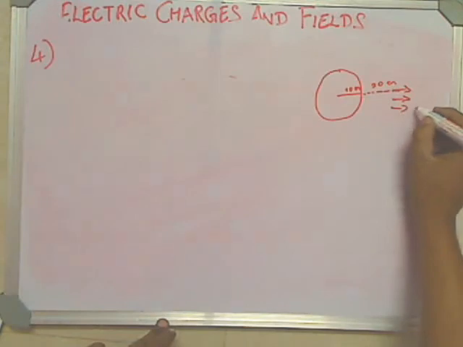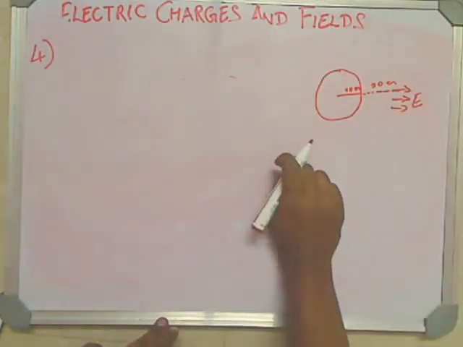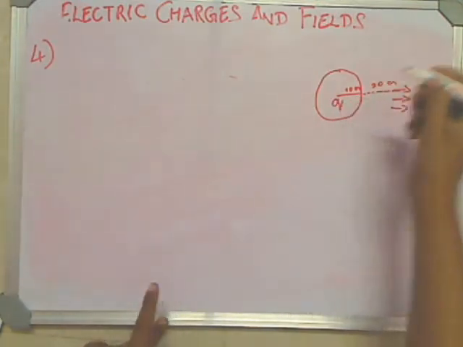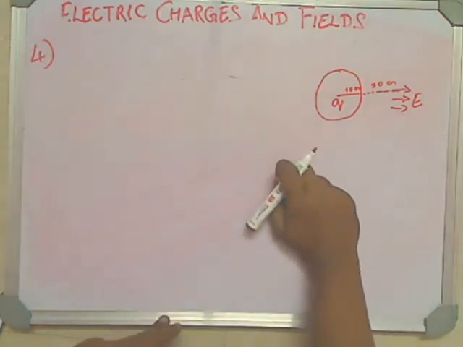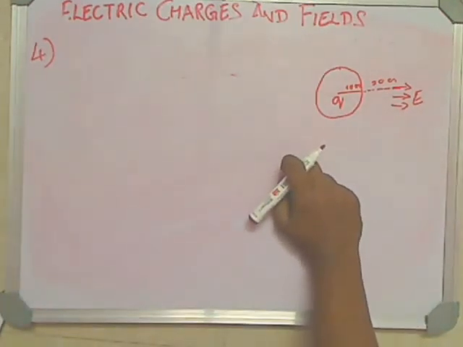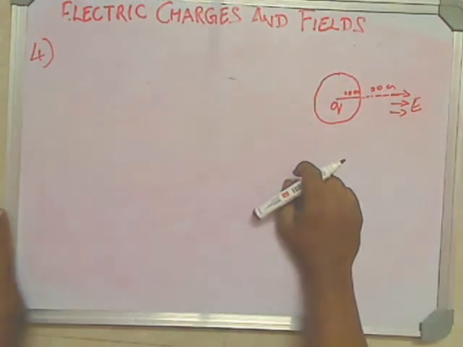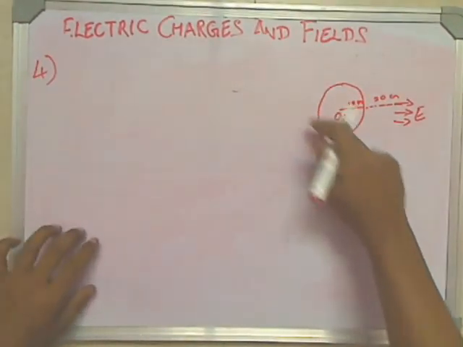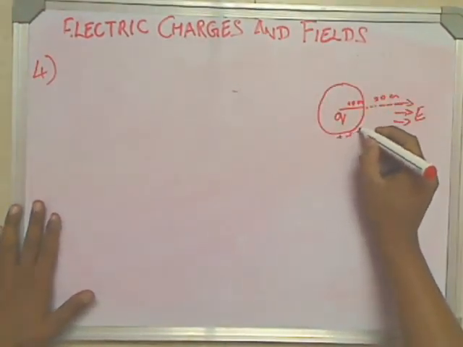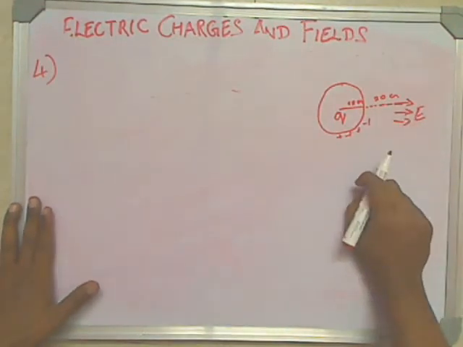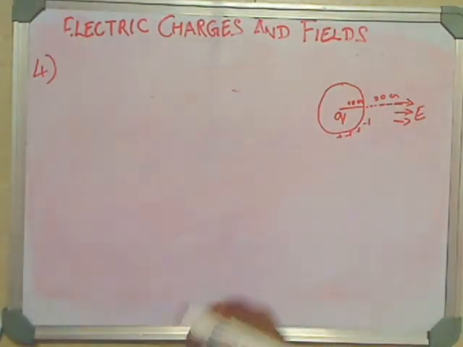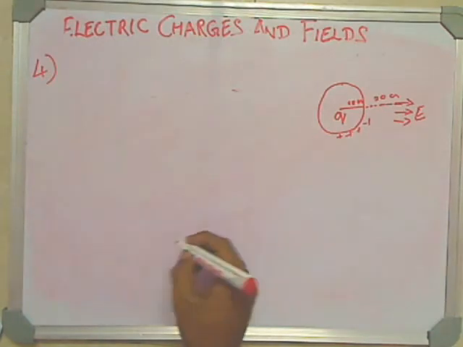Here you have the electric field, and somewhere here you have the charge. So what you need to find here would be the net charge on the sphere. That is, how much charge do you have all over the sphere? Now, this is an extremely easy question, but slightly tricky.